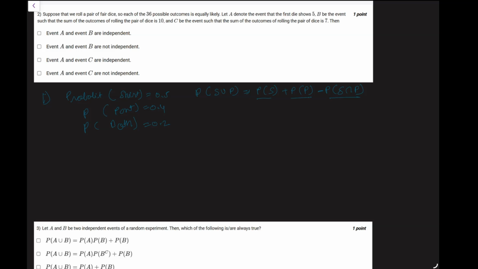So this will give you the probability of union of two events. If we plug the values, we get 0.5 plus 0.4 minus 0.2. The resulting answer is 0.7.